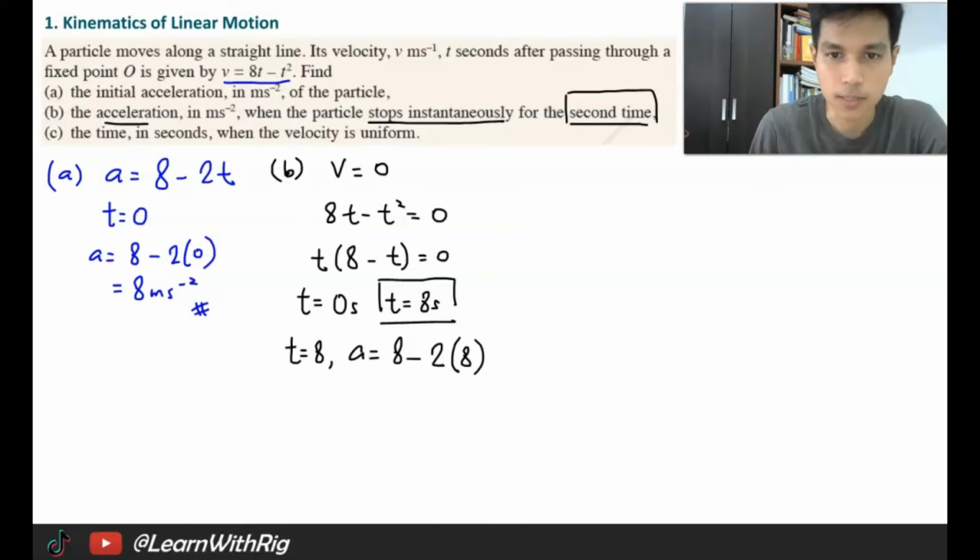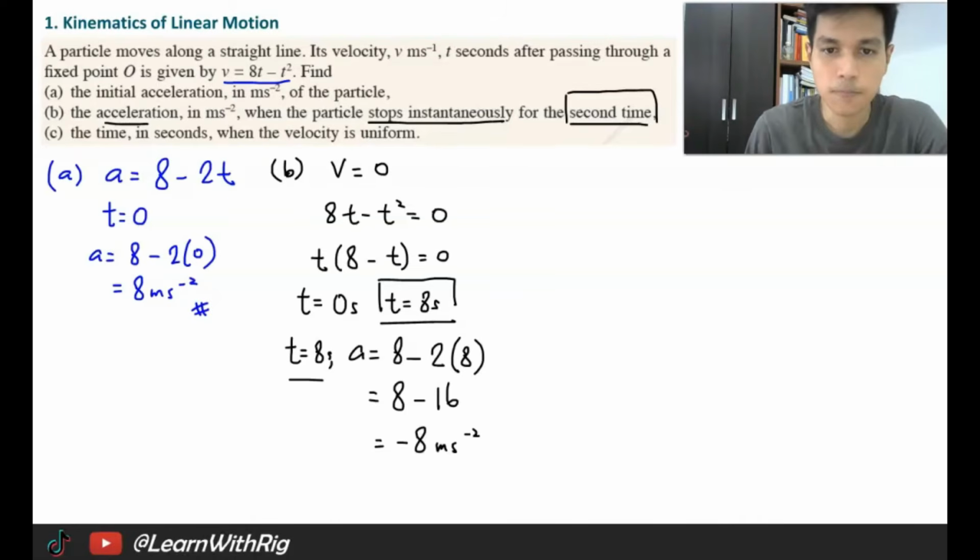So t is 8 seconds. So it becomes 8 minus 16, which is negative 8 meter per second square. Okay, so that means at t equals to 8 seconds, the particle is moving at a deceleration. Negative means deceleration. Okay, decelerating at 8 meter per second square.